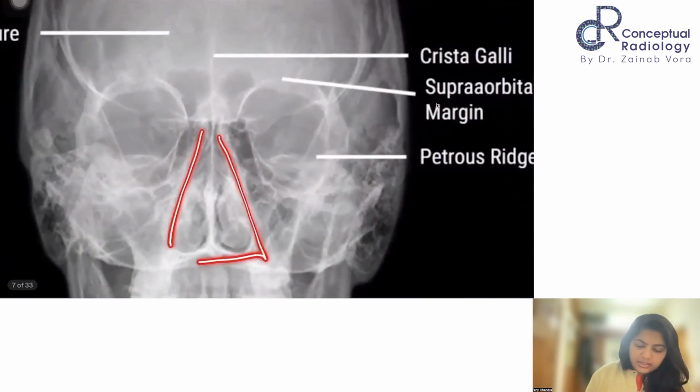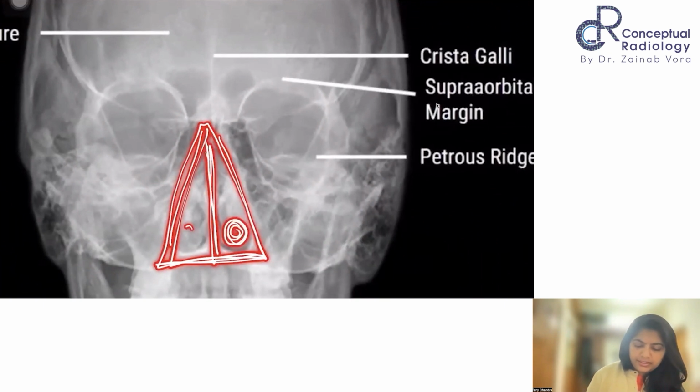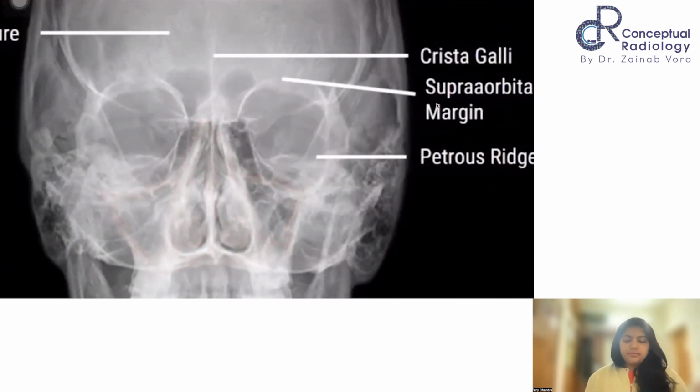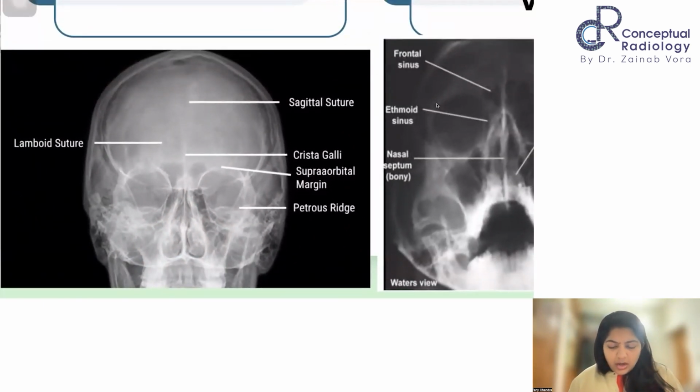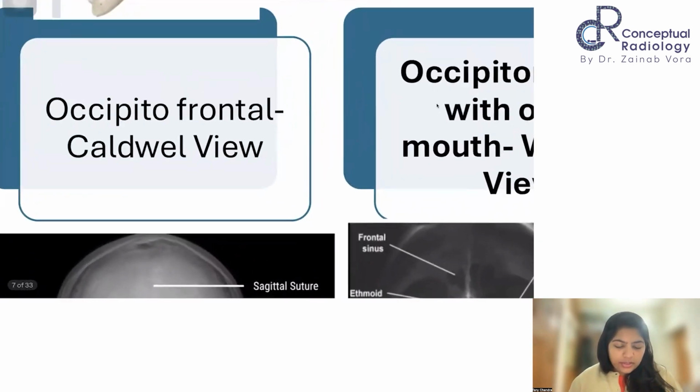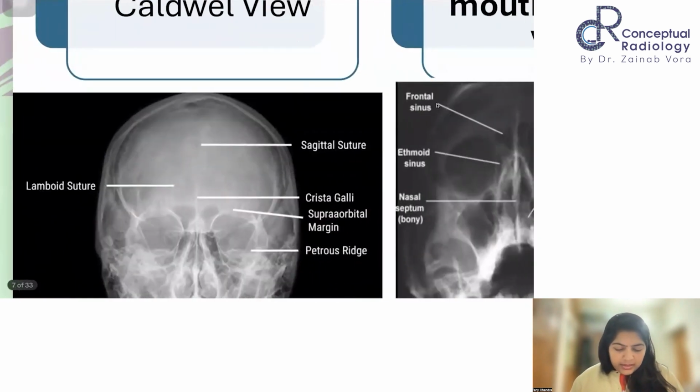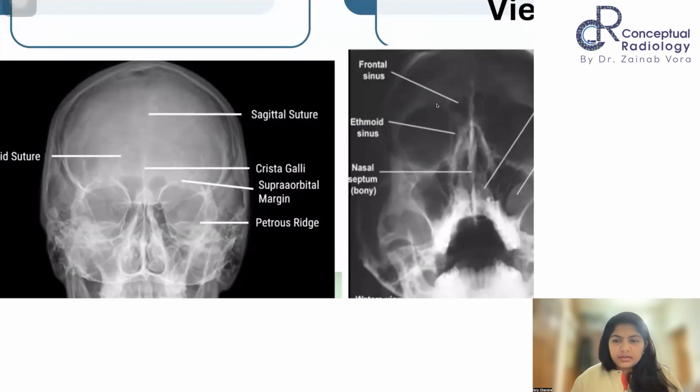This is your lateral nasal wall, the floor, right? This is your nose, nasal septum, inferior turbinate. These are your maxillary sinuses, right? So this is how your Caldwell view is going to look like.